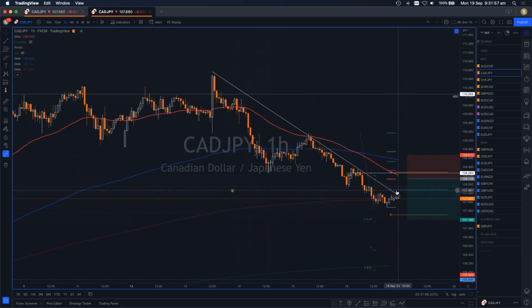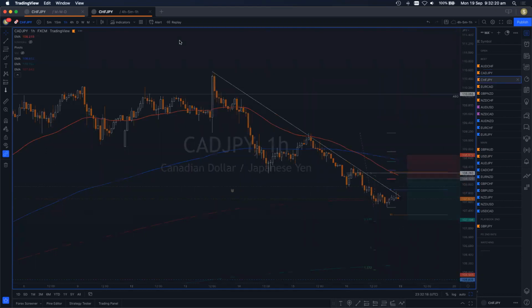The daily pivots are basically where it is now. So it may even just bounce off the daily pivot and just keep on going down. Got to keep an eye on that one. Not an ideal setup because to pull back to the 1 hour 50, we should break this trend line. And the 4 hour 50 is now a bit too far behind. But worth keeping an eye on that one.